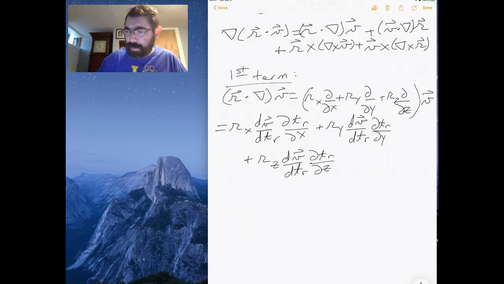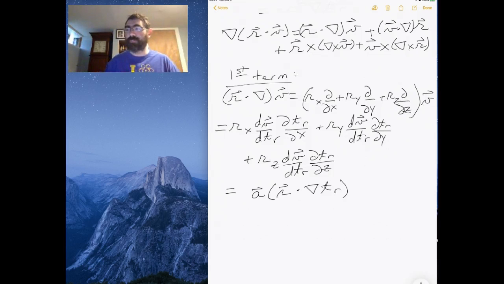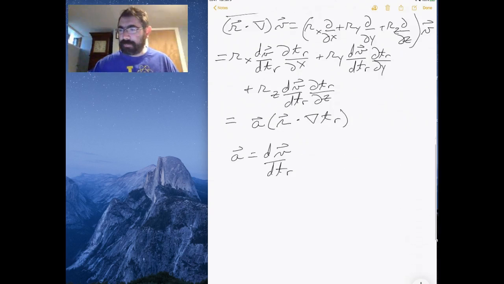So in the end, what I get is the acceleration, that's dV/dt_r, times the dot product of R with the gradient of t_r. Okay, so that's pretty good. That's our first term, which we've now consolidated into something a little more useful. And just to remind you, the acceleration I said was this.